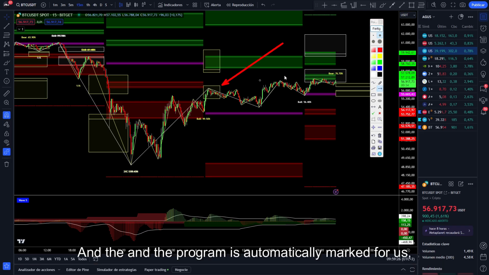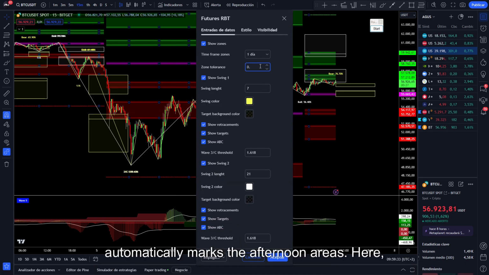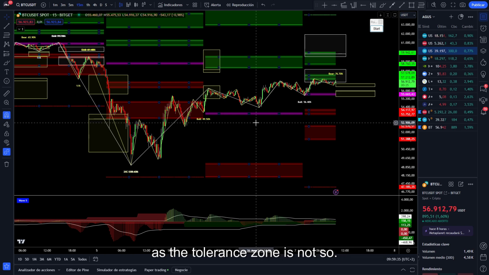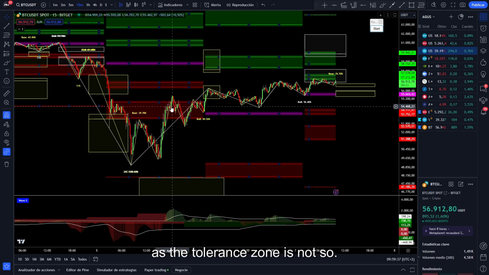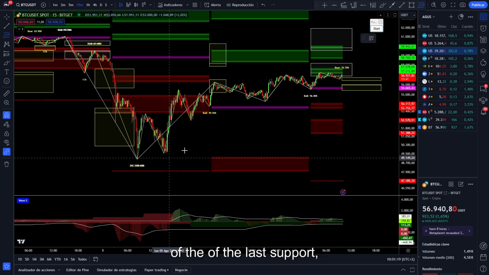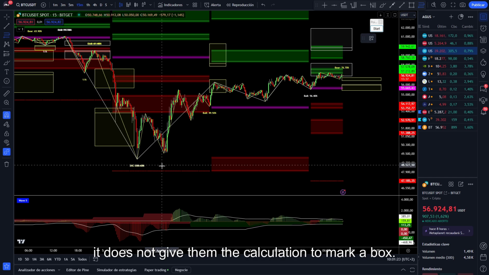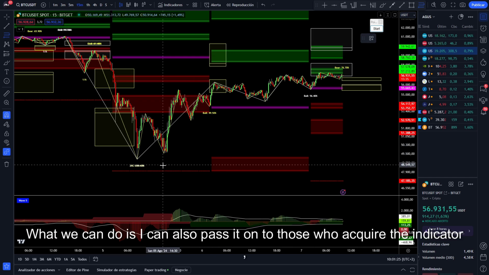The program automatically marks the areas here, as in the tolerance zone of the last support. It does not give the calculation to mark a box.